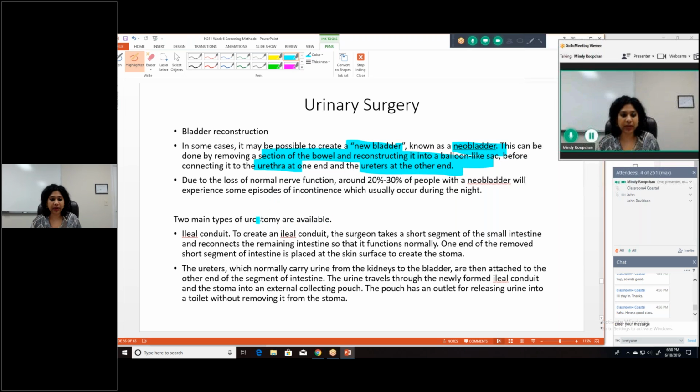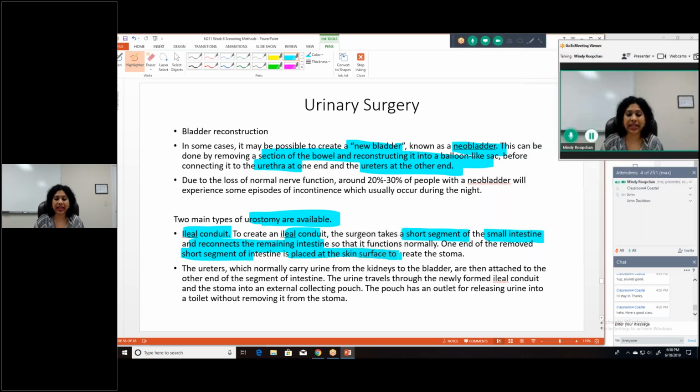Two main types of urostomies are available: ileal conduit. To create an ileal conduit, the surgeon takes a short segment of the small intestine and reconnects the remaining intestine so it functions normally, and one end of the removed short segment of the intestine is placed at the skin to create that stoma.